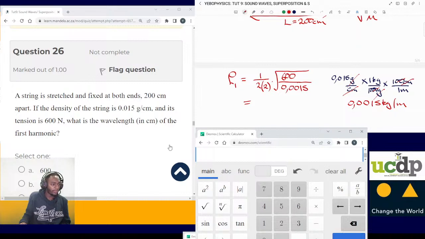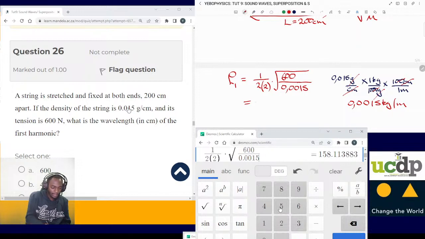Right. So that is 1/2 times the square root of 600 over, so we just went back to question 26 to try an alternative method using the tension and the linear density, 0.0015.